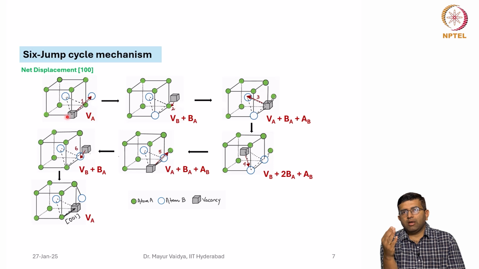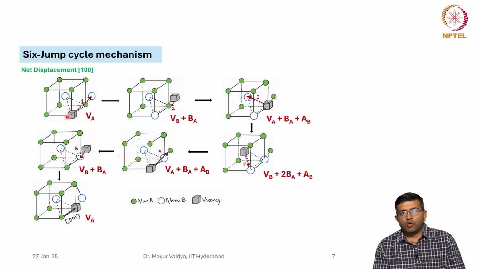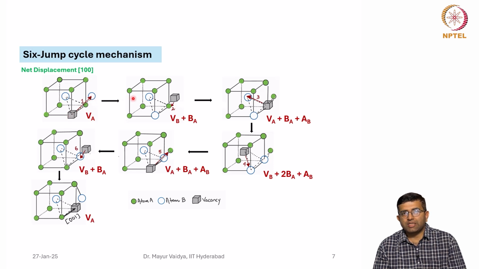So, A root 3 by 2, which is less than A. Therefore, this is the nearest neighbor with which it can exchange the position, and that is what is preferred. All of these are nearest neighbor jumps, and that is why the atoms prefer this sequence rather than making a long or second nearest neighbor jump.